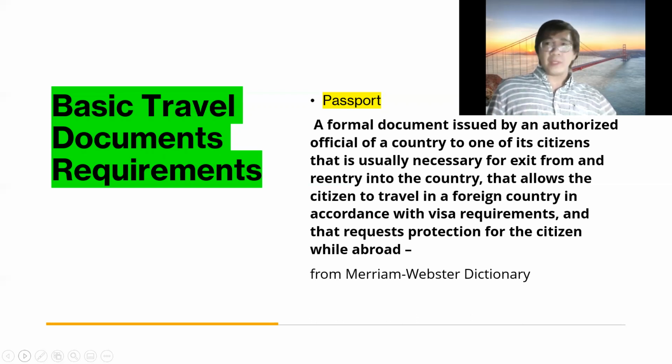Now, in the case of the Philippines, we can have two passports, right? Because we have this law called the Dual Citizenship Act of the Philippines.